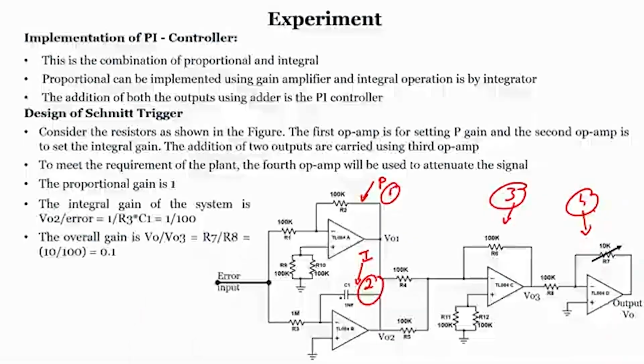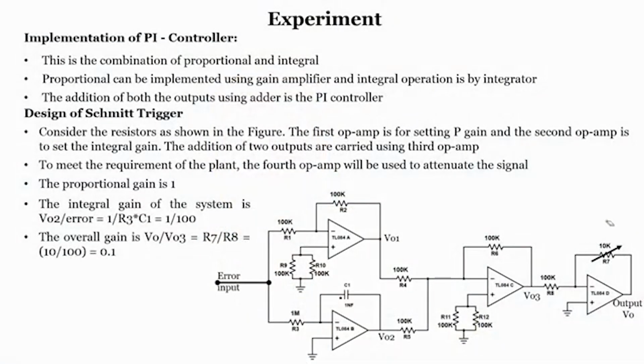So, now what we have is, if we can design the proportional controller, if we can design the integral controller, and if we have the third op amp, which is the addition of both, and a fourth op amp to attenuate the signal, then we can design an on-off controller, a temperature controller using operational amplifiers.